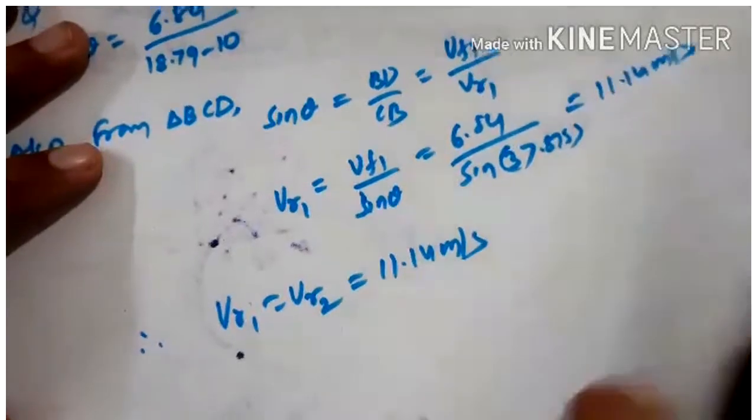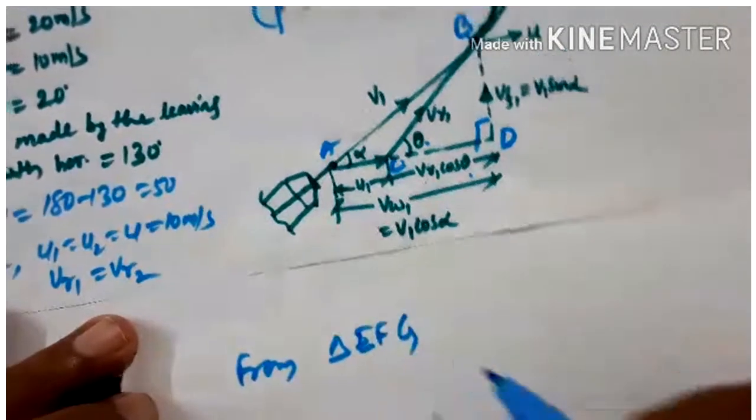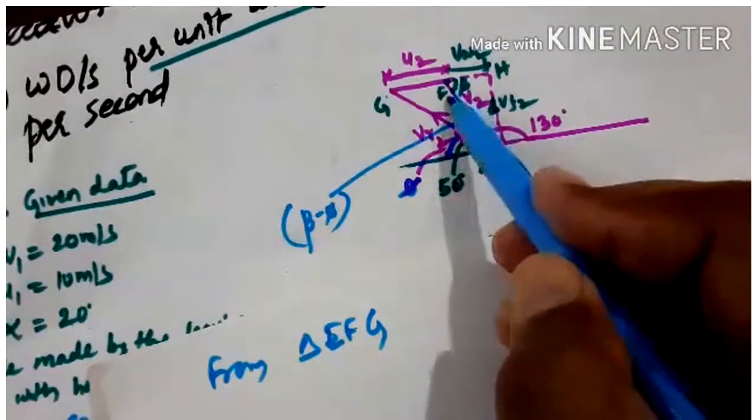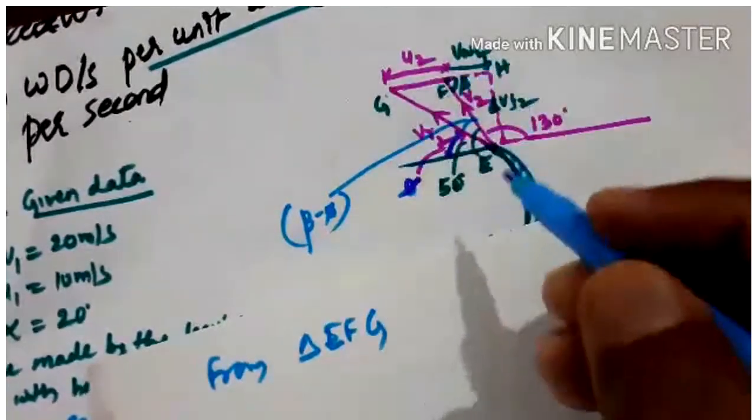Then again refer to this triangle here. From triangle EFG, you refer to the outlet velocity triangle EFG.